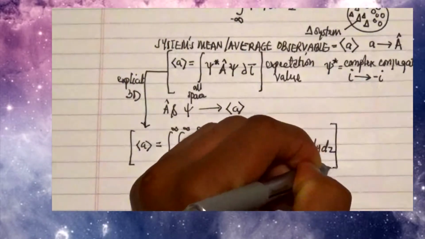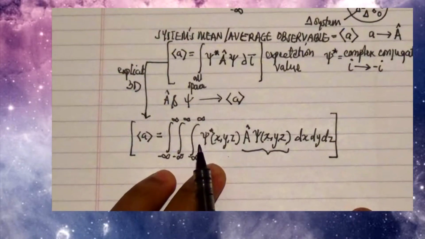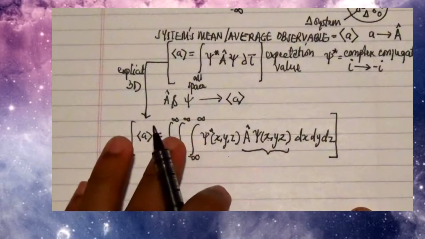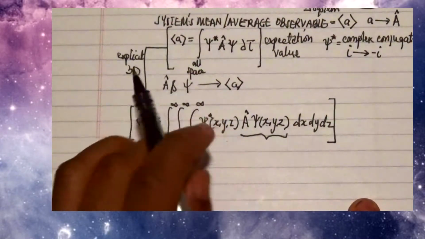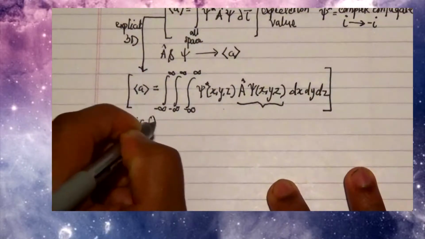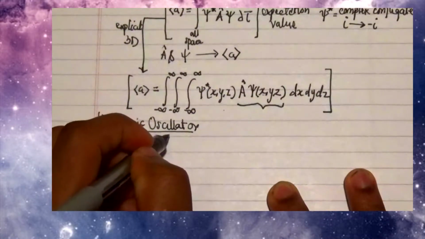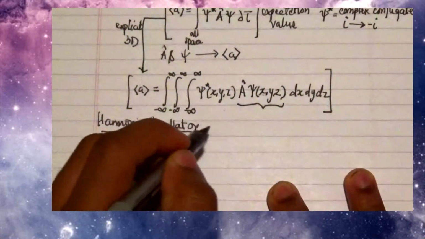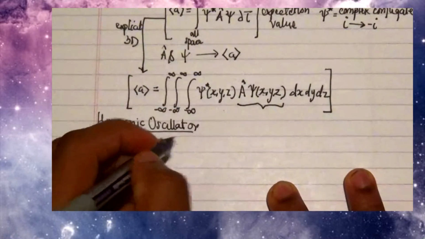Once you're able to look at this in the 3D state, our next step is to look at how we can apply this to the real world. One way you can do that is by using a harmonic oscillator. For a harmonic oscillator, we are expected to determine the average kinetic energy.